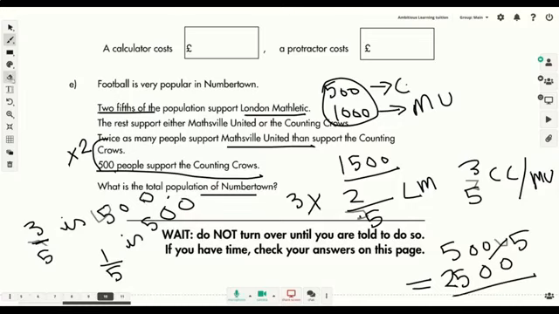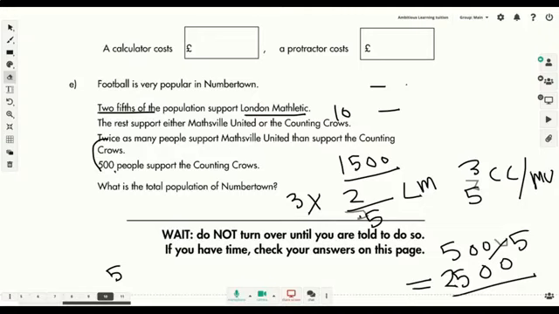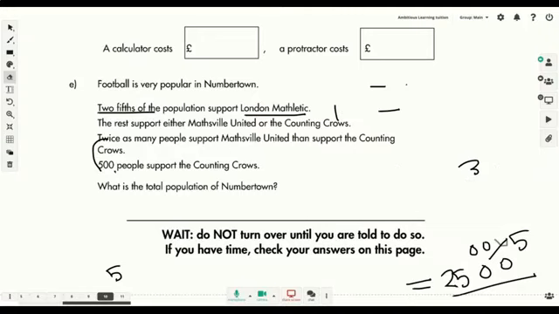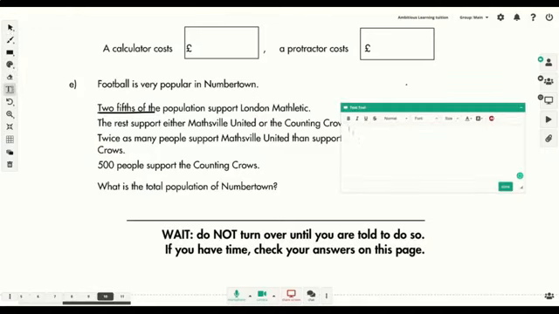Let me put it in, because some of you are getting confused. Let me use my pad for this one. I'm just writing what information is given. 500 people support CC.